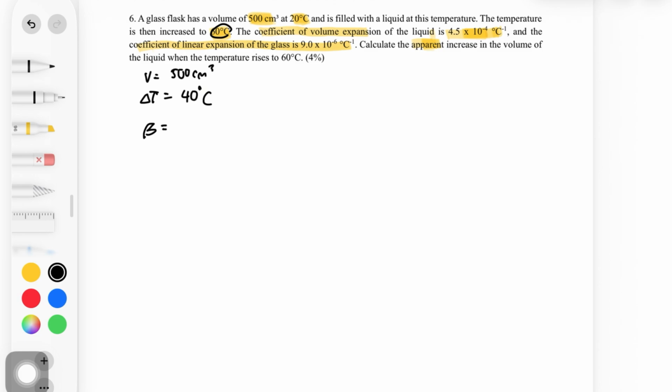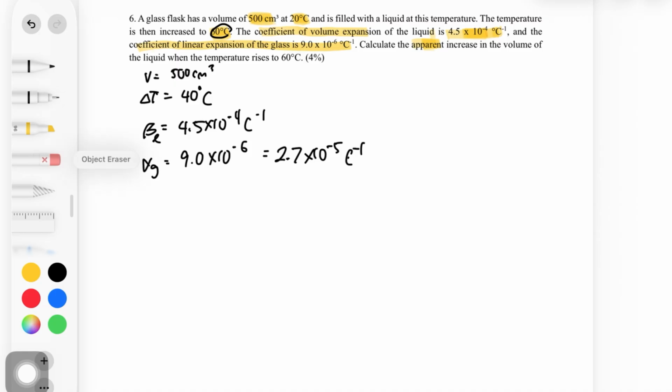The beta for the liquid is 4.5 times 10 to the power negative 4 per degree C. The linear expansion, alpha for glass, is 9.0 times 10 to the power negative 6. So we need to convert, times 3, and we get around 2.7 times 10 to the power negative 5 per degree C.